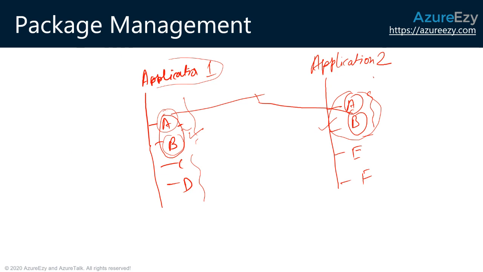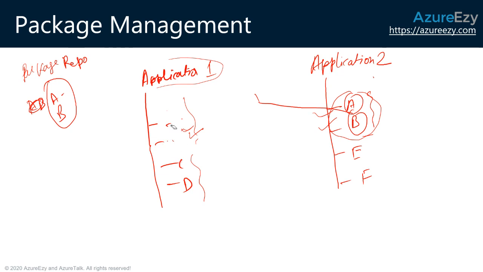Instead of having similar functionality in these two places, why don't you have a package management repository, or a source or a server, whatever you can call it, and there you will host A and B. Instead of developing in application 1 and 2, you remove it from these individual applications, and you call these package management repositories, sources, or whatever you can call them, and you import them over here, and you import them over here.